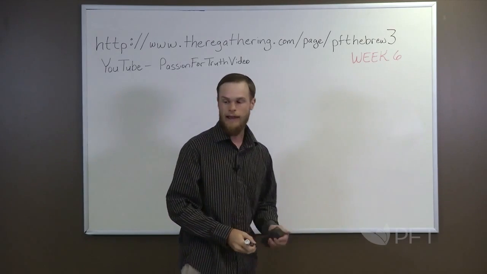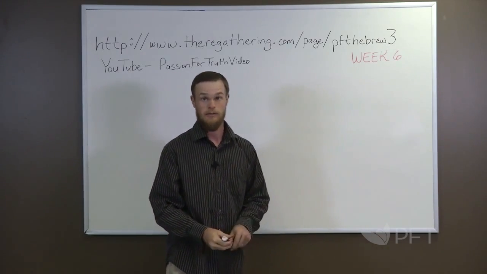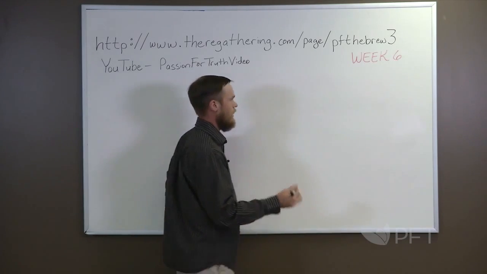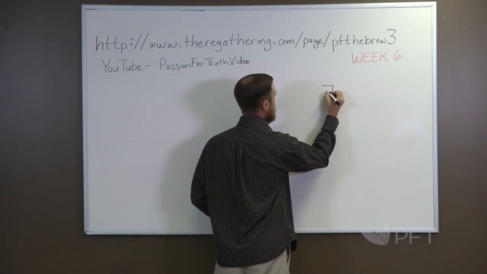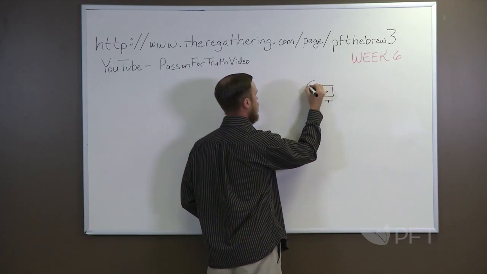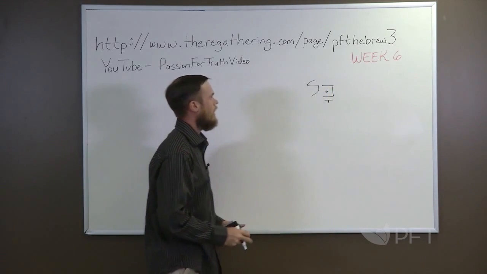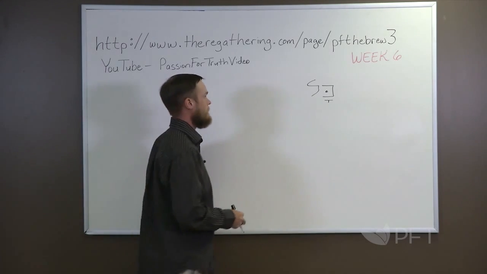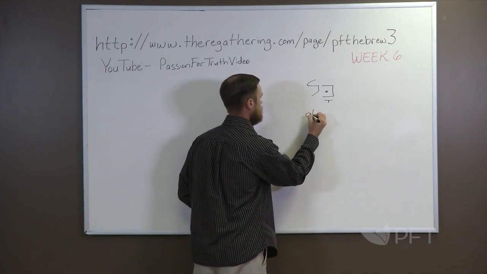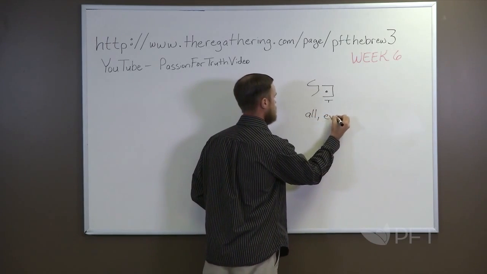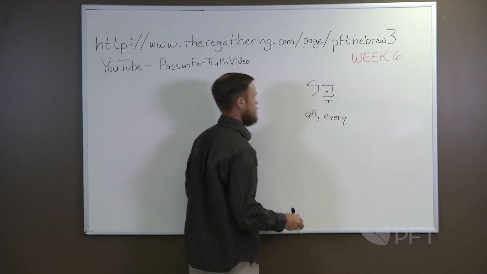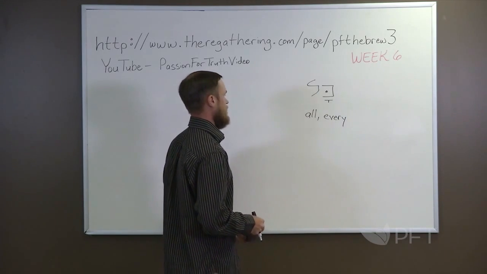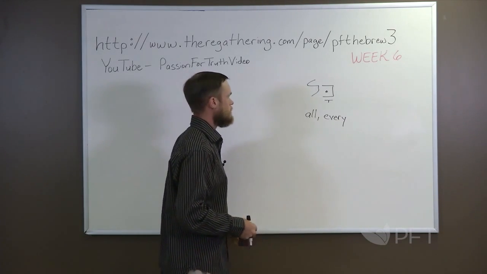Okay, another word that I have on the vocabulary list, actually there are three other words that I'd like to point out. One of them is kol, kaf lamed. Now kol is another very common word, and it means "all" or "every," depending on if you're talking about multiple objects or just one, or objects as a group or objects individually.